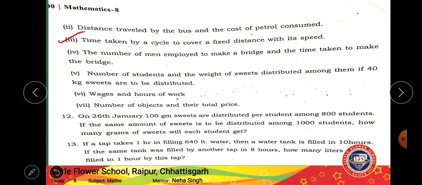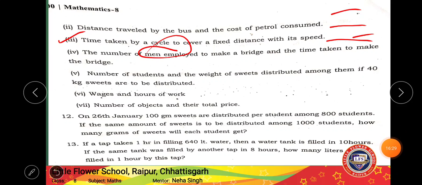You are going to write not in direct variation for second, and they are in inverse variation for third. The number of men employed to make a bridge and the time taken. If I increase the number of men, the time will be reduced, right? So this is also, you will write here, they are in inverse variation.